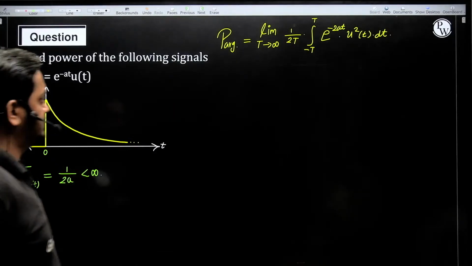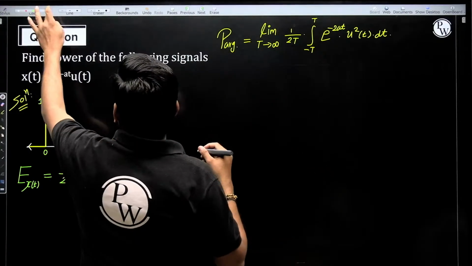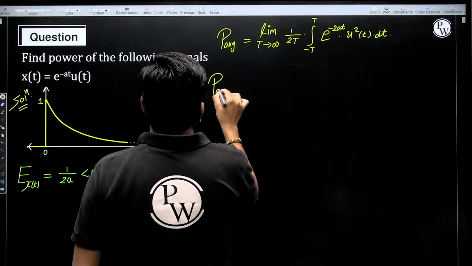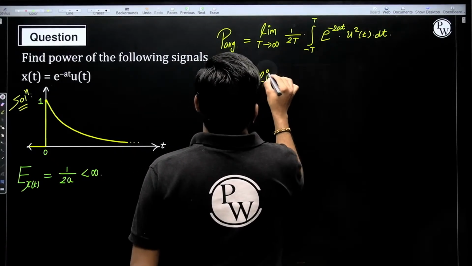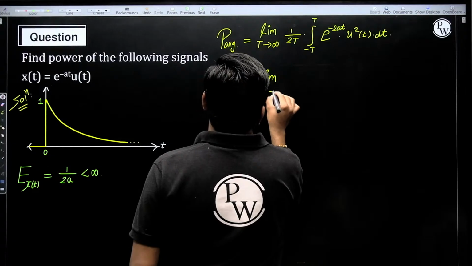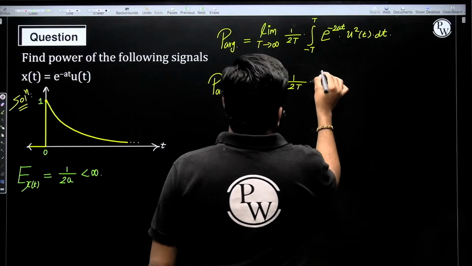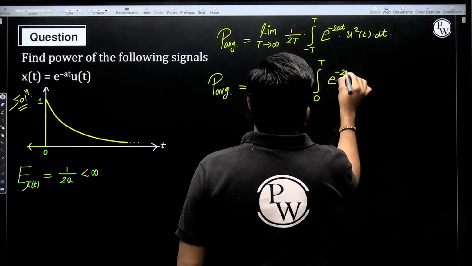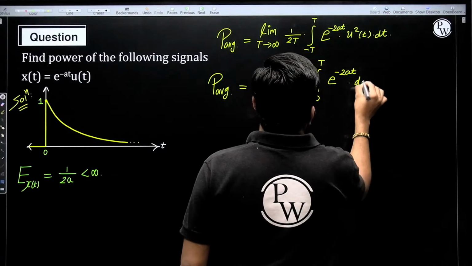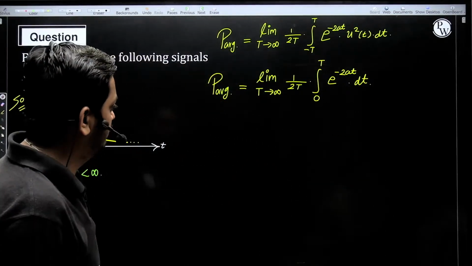Again, if you replace u square of t with 1, then the integral is from 0 to T of e to the power minus 2at dt.